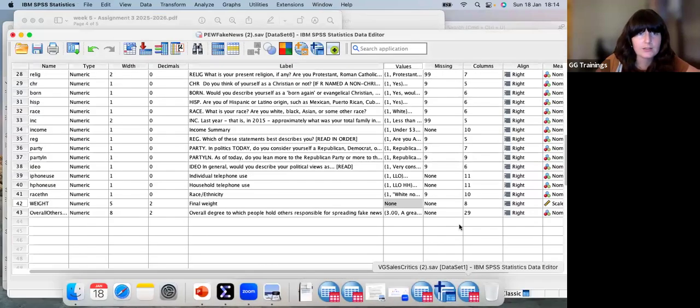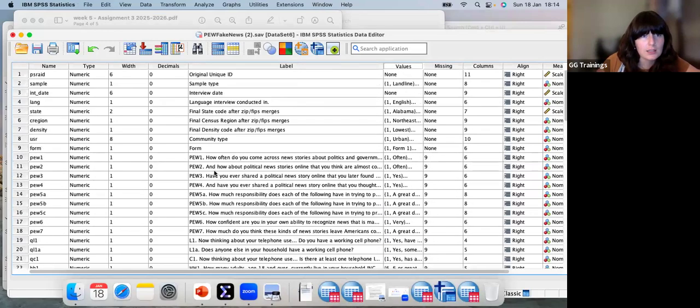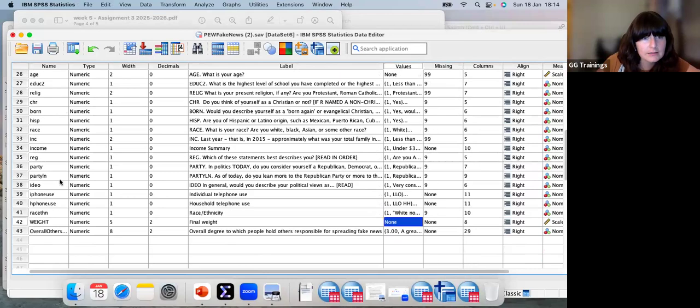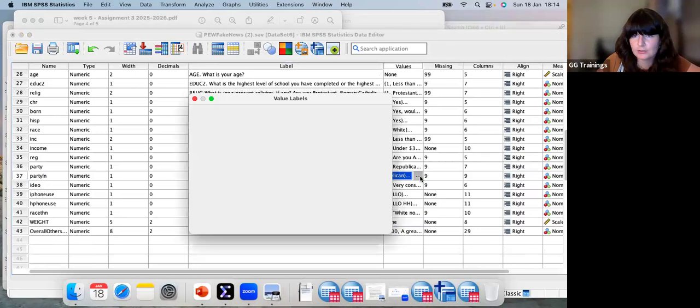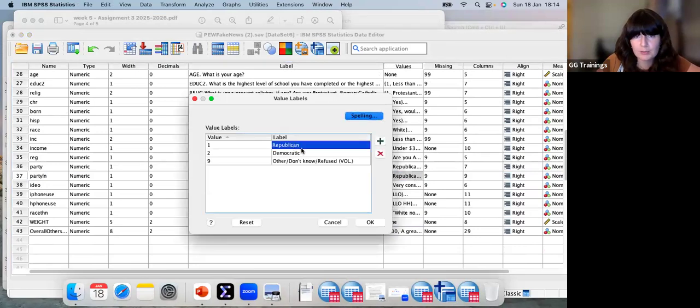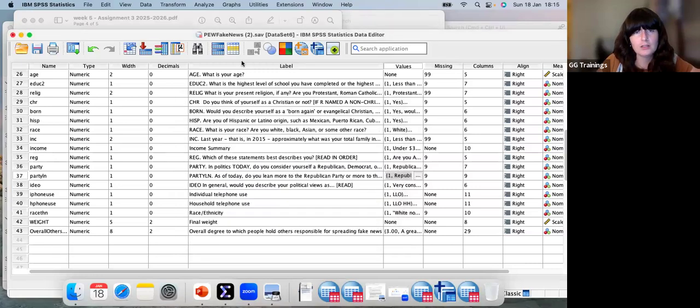So what we're looking at is party leaning. If we look at the values, 1 is Republican, 2 is Democratic. Don't worry about the 9, other, don't know. It's usually like a bogus value. So 1 and 2, good.